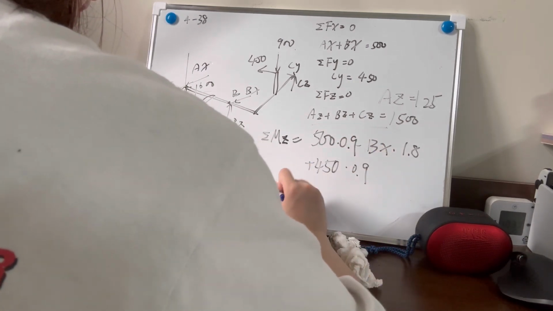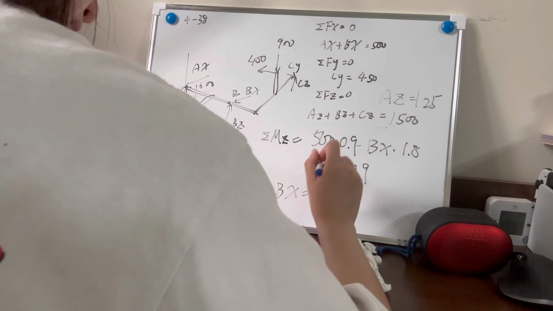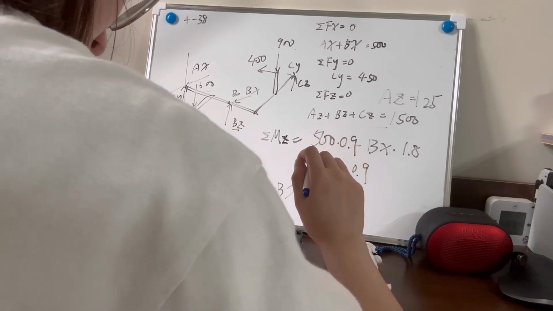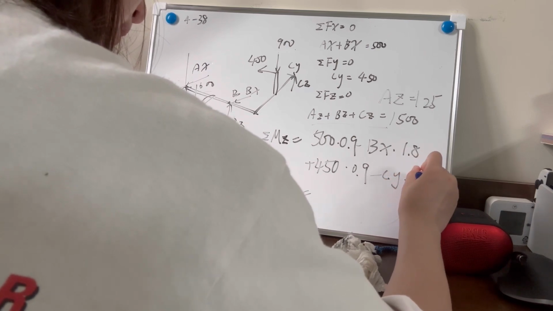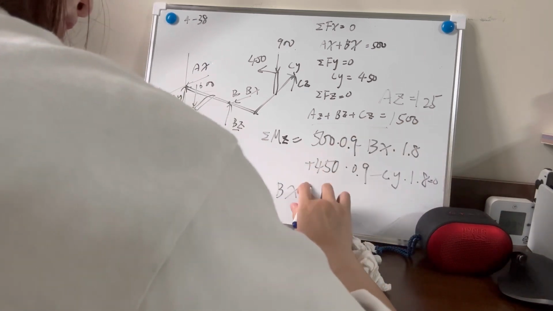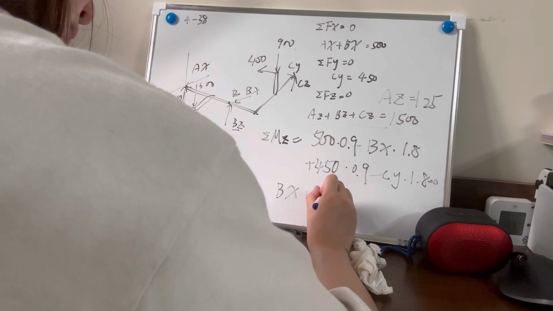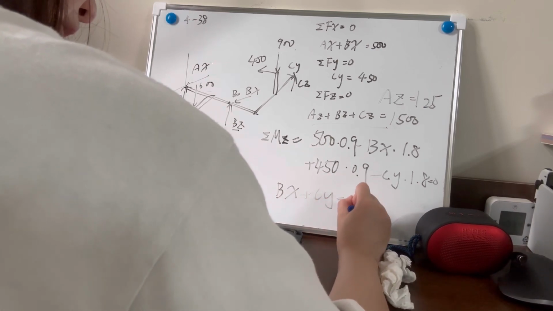So we know the Bx is equal, also minus Cy. So we know the Bx plus Cy is equal to 475.